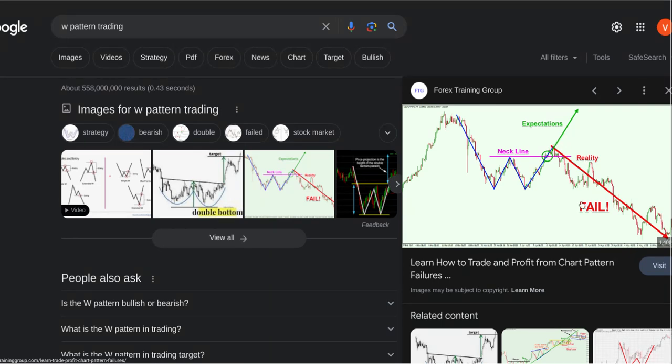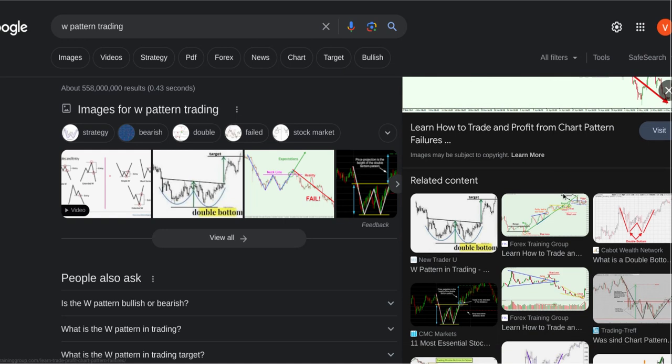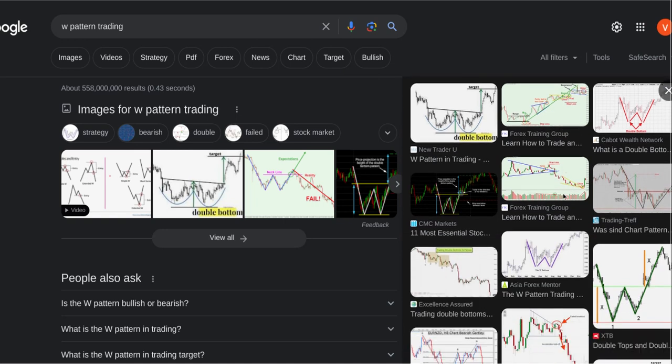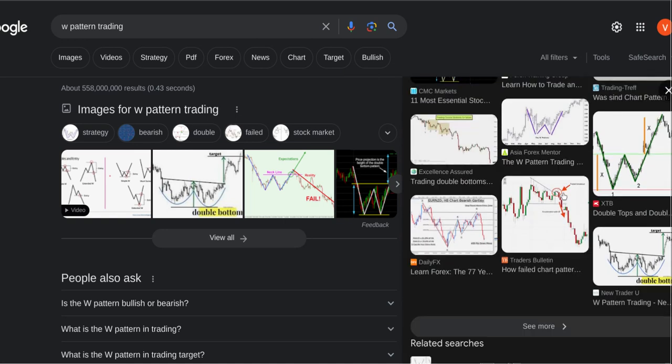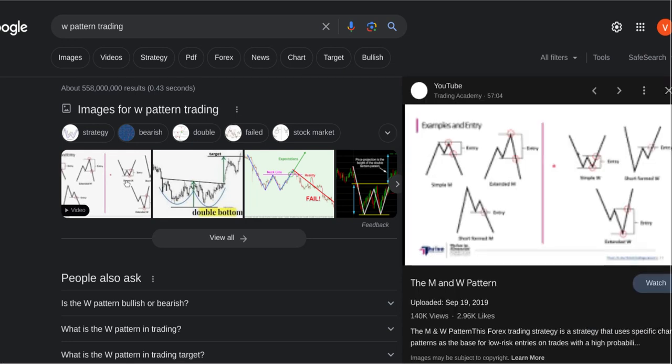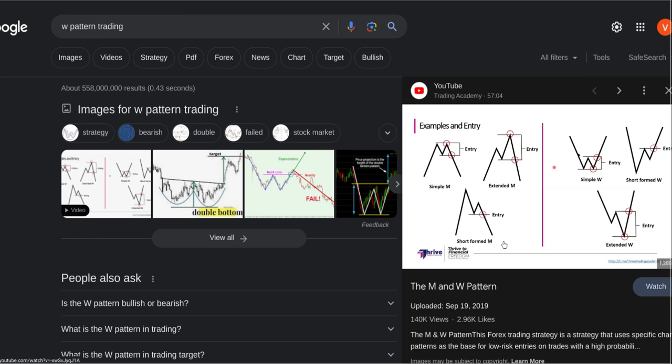If you look through charts, you can find them all over. We'll click on this one and see your M patterns. You have M's too. It shows you your entry points. Sometimes they're not perfect W's, but as soon as that neckline breaks, that's where you want to get in a long position.